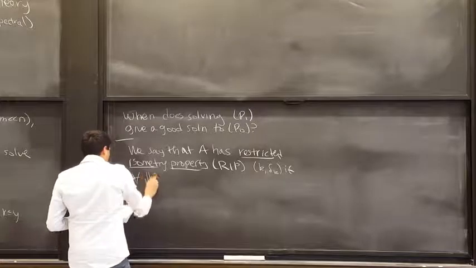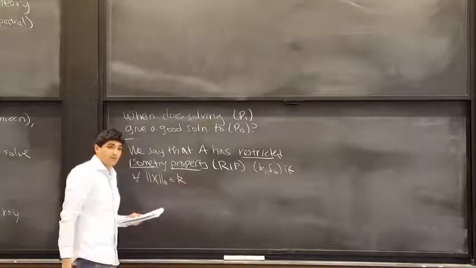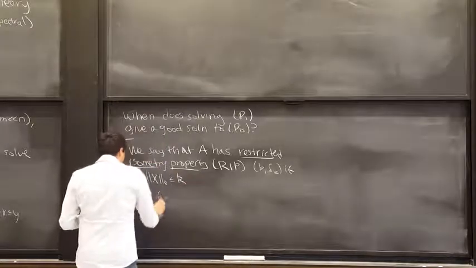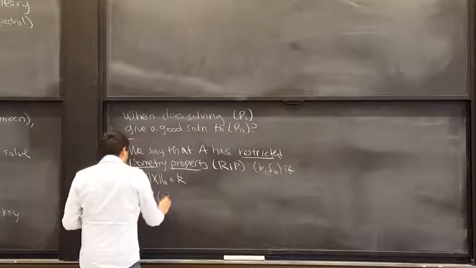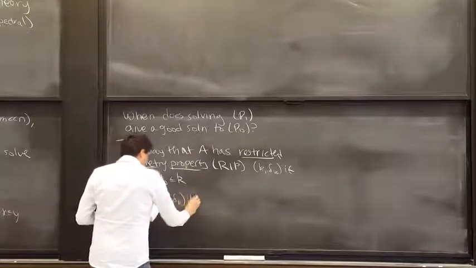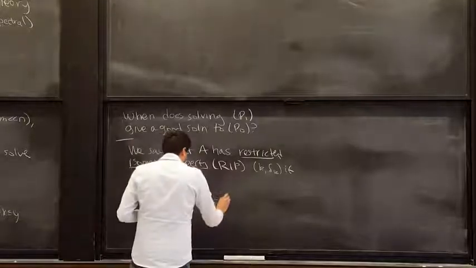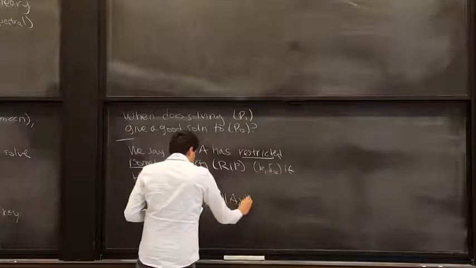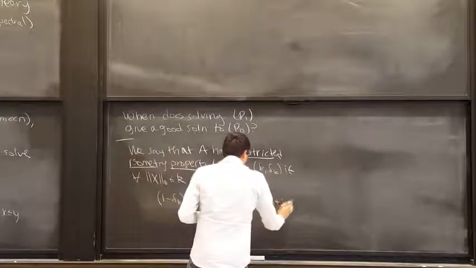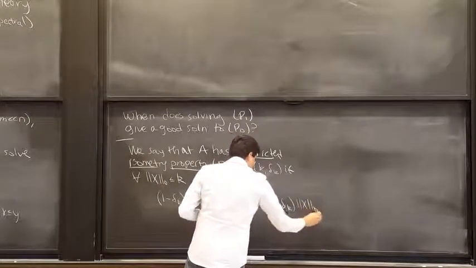For every X which has at most K non-zeros, so its zero norm is at most K, we want the property that A on that vector behaves almost like an isometry, in the sense that the 2 norm of X is very close to the 2 norm of A times X. It should have upper and lower bounds depending on this delta sub K.